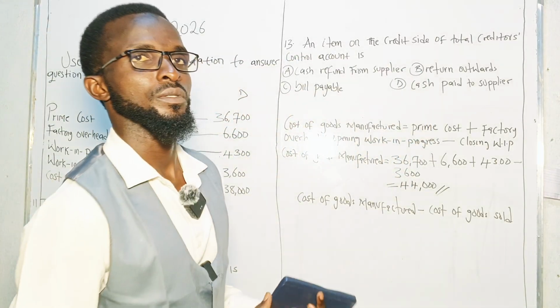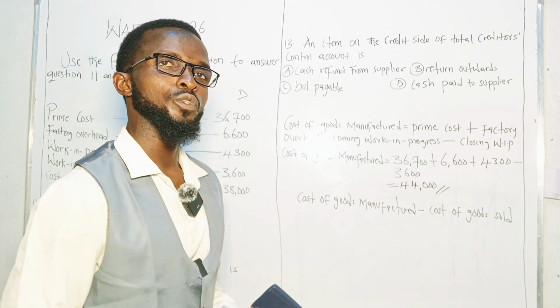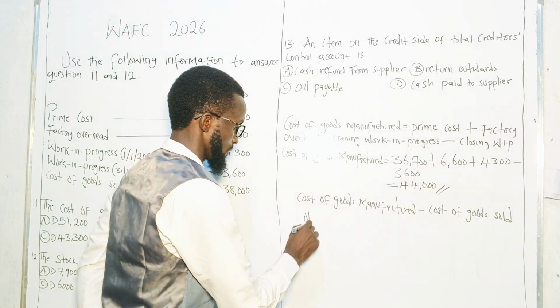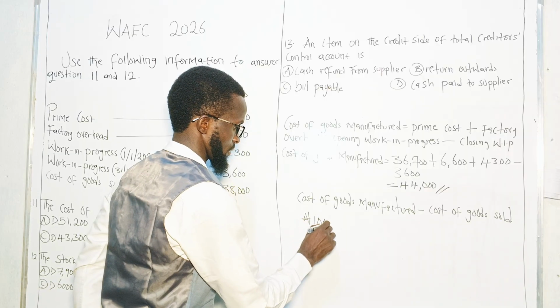Let's say, for instance, you produce goods worth 10,000 naira.